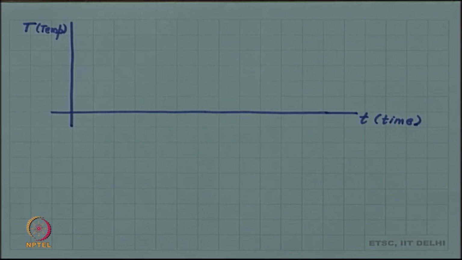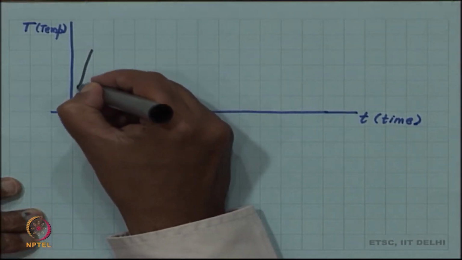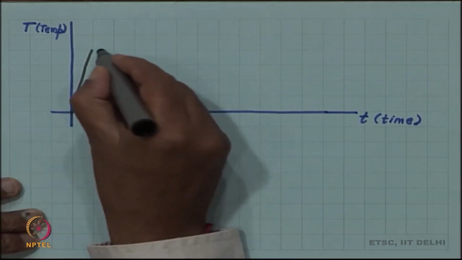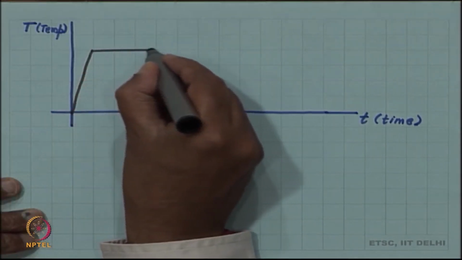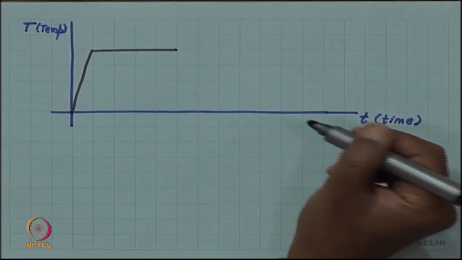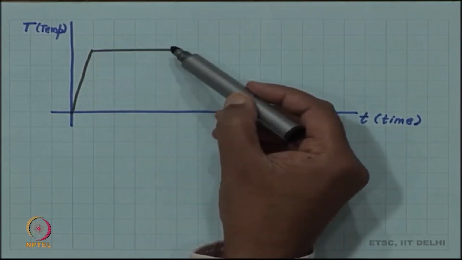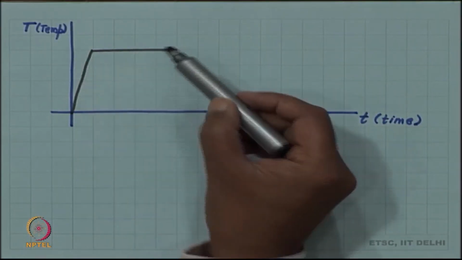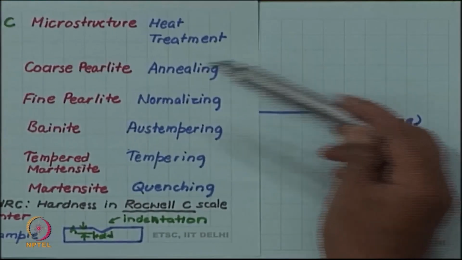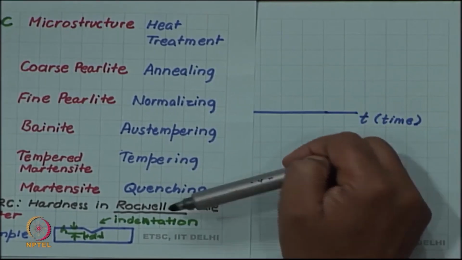So, let us initially take steel heated to some temperature and then cooled. For steel the heating and the holding are the same for all these different treatments which we named here: annealing, normalizing, tempering, tempering and quenching.